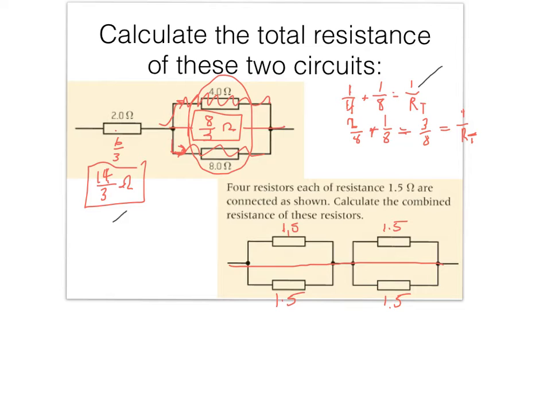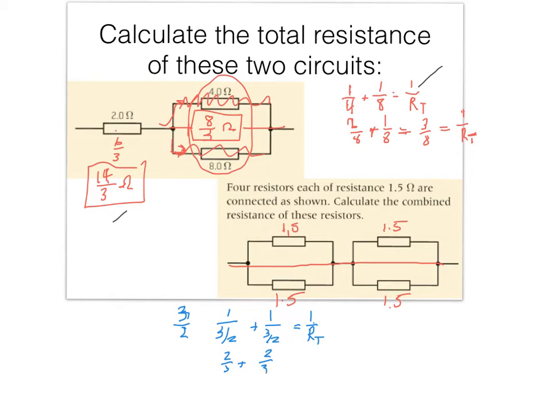Now, you could do 1/1.5 plus 1/1.5. I'm actually going to simplify this because 1.5 is 3/2. So the reciprocal of that is actually 2/3. And so 1 over the total resistance is the same thing as 2/3 plus 2/3.